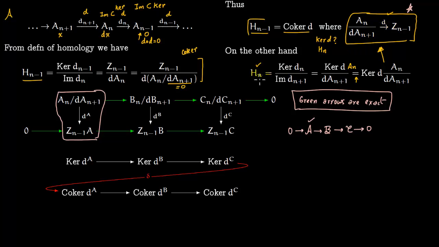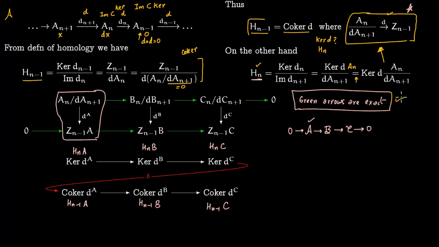The kernel we said is H_n, so this is H_n of A. And the cokernel we said is H_{n-1}, so this is H_{n-1} of A. Similar argument for B: you get H_n B here, H_{n-1} B here. Similar argument at C: you get H_n C here and H_{n-1} C here. So you get a long exact sequence of homology groups of this chain complex by using the snake lemma.